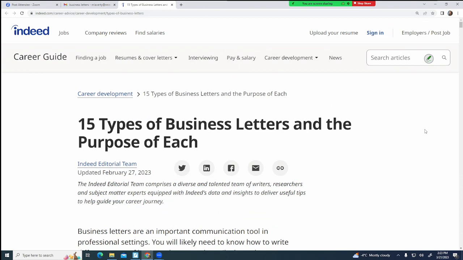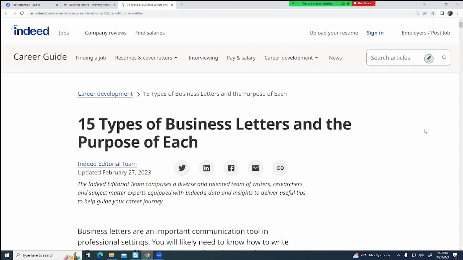If you're trying to get hired, Indeed.com is a great spot where you can just look for jobs and apply for them, and conduct your job search and hopefully find a career or a job that means something to you. But they also have a community. You can create an account.